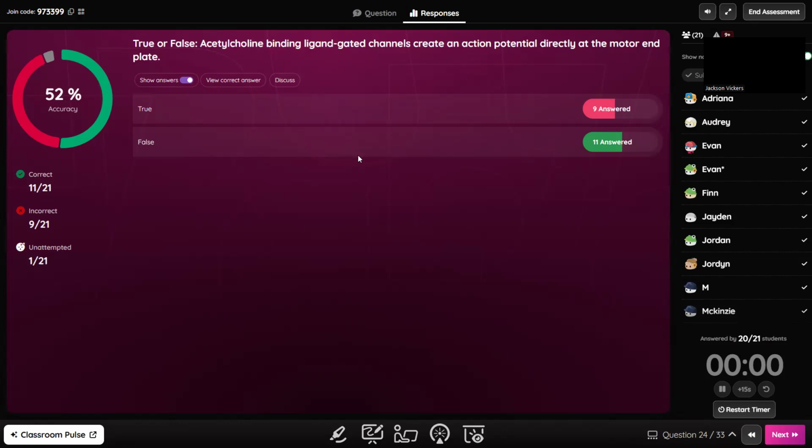If you need to review that, I think that's chapter 13 in your books. Maybe go review a little bit more about the motor end plate and all that stuff.